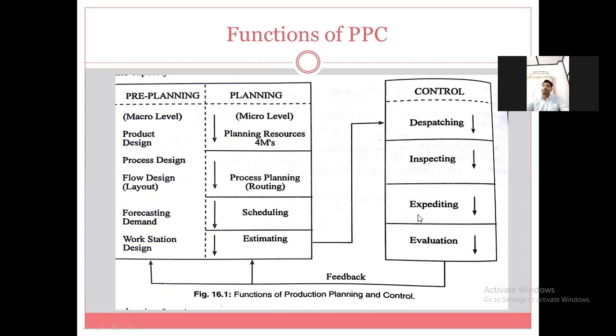For that purpose, you need to generate reports like productivity, rejection rate, and output rate. All the things will be recorded, and after recording, by generating these papers, the evaluation will be done.